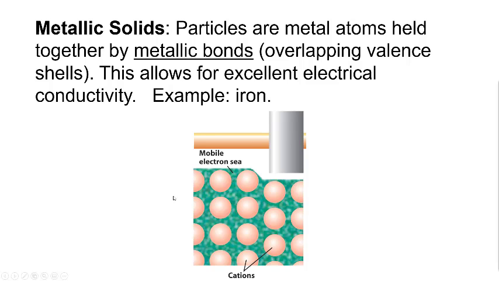We have our individual metal nuclei and cores themselves, but the valence electrons overlap with each other to form what we call a mobile electron sea that allows electrons to transfer very efficiently through the material.